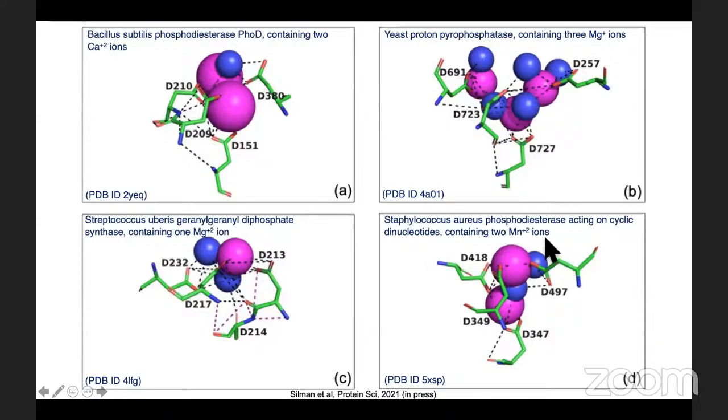And here it is another phosphodiesterase, but binding to two manganese ions. So clearly, what they have called this 4-aspartate or 4D motif is a very interesting metal binding motif, which they are reporting in Protein Science and is currently in press.